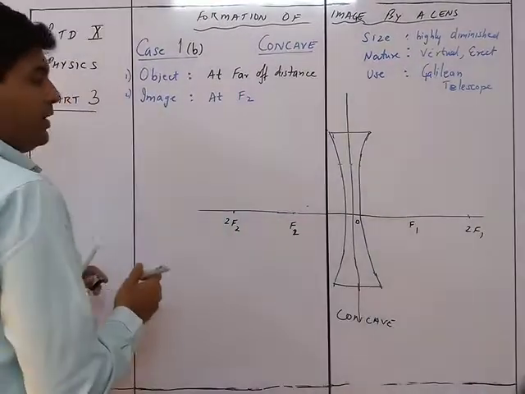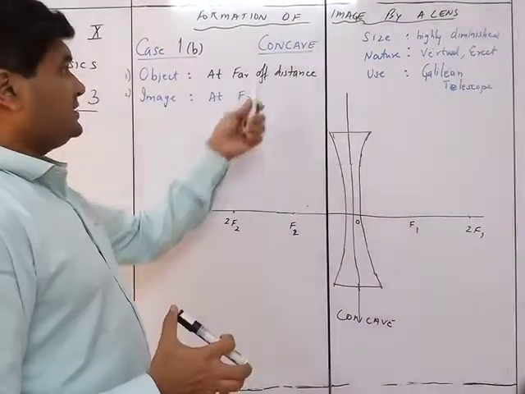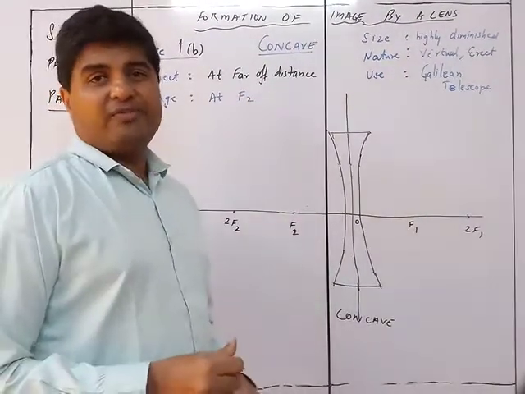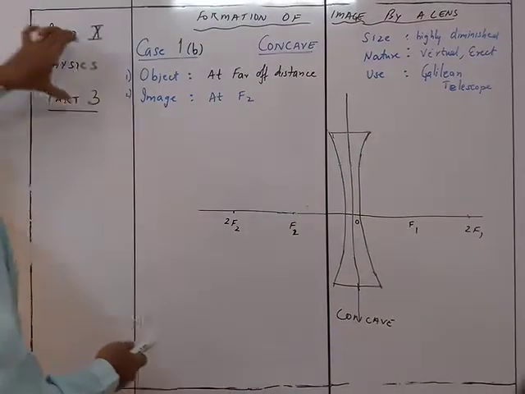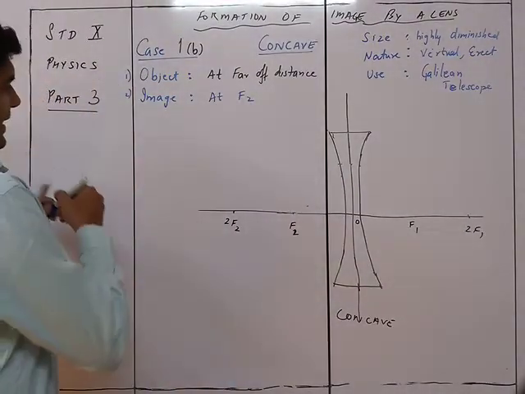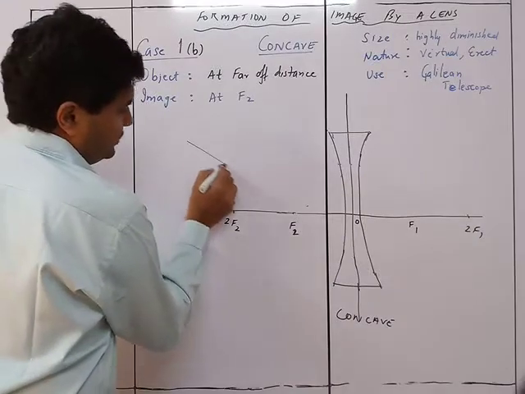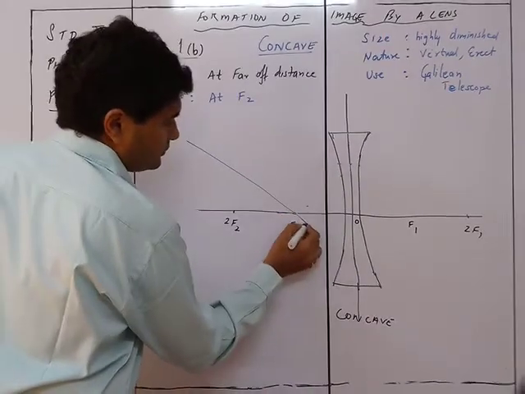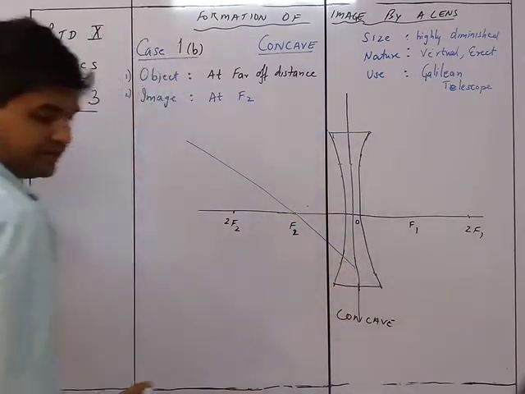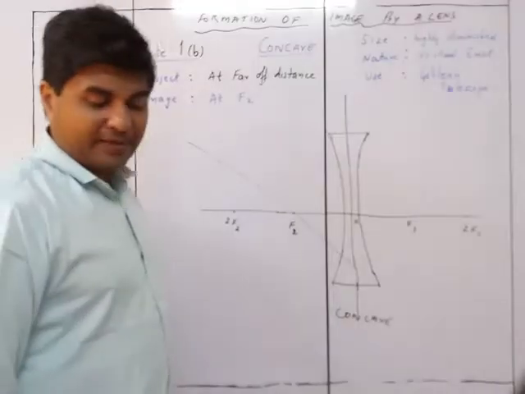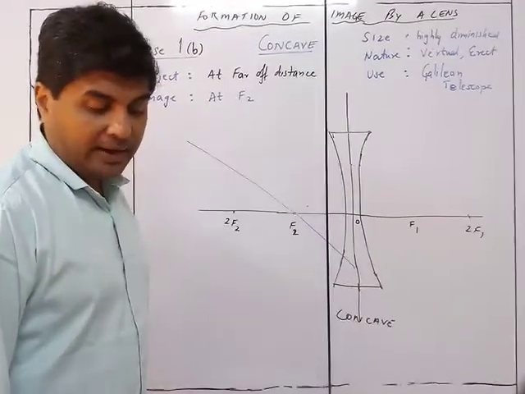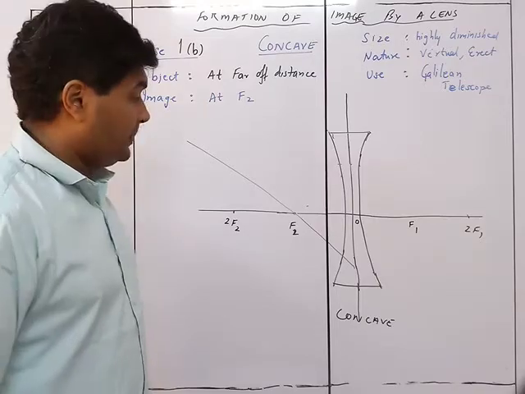Okay, so we have this next point which is at far off distance. So when it is at far off distance, यहाँ कहीं पे है तो उससे parallel lines आएंगे. So one parallel line we are taking as passing through F2. Okay, this line is coming passing through F2 over here, and the next one will be parallel to this.